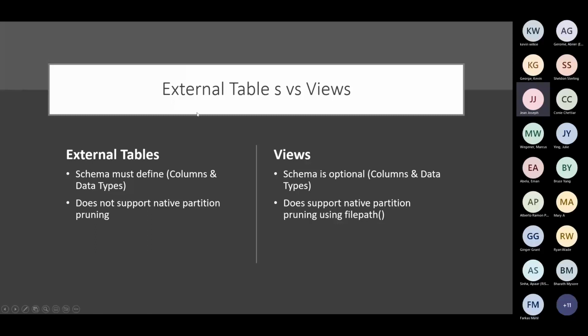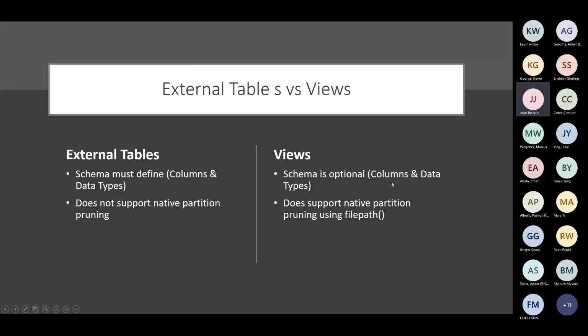If you take a look at the difference between external table versus view, an external table must be defined. You have to define your columns and your data types, so that means a schema definition method. External table does not support native partition pruning. However, there's a way you can do it because serverless is smart enough, but natively it does not support it.